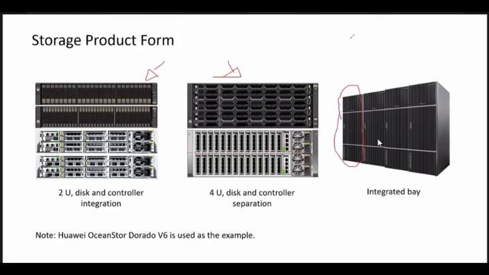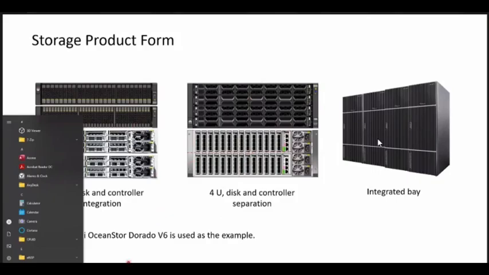Okay, so let's look at the products one by one. Here we are using OceanStor Dorado V6, right? Usually I don't like to show it here because you just see pictures, not so cool.